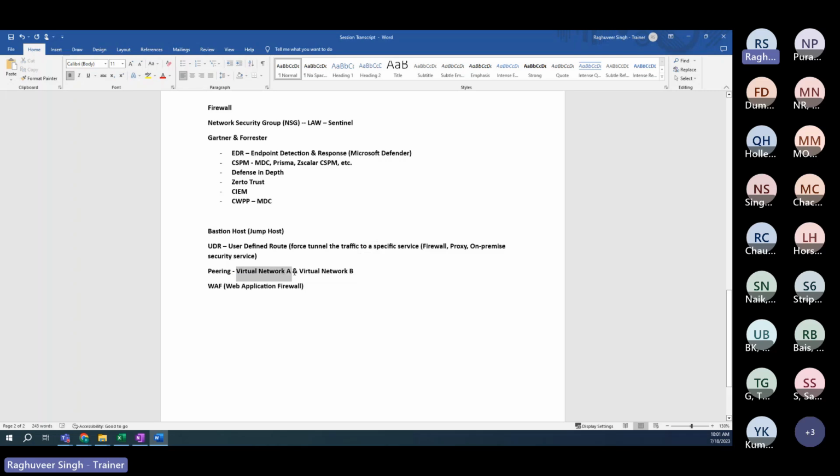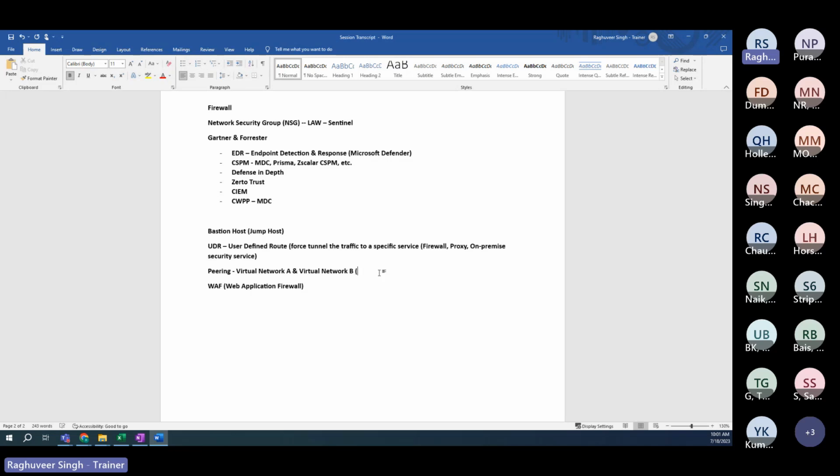But if there is a use case wherein you want to allow resources or services inside virtual network A and B to talk to each other, you will need to peer both the virtual networks, connect both the virtual networks, and that is known as peering. So it is very simple to configure, and after the peering is configured, both the virtual networks behave as one, and services can talk to each other.